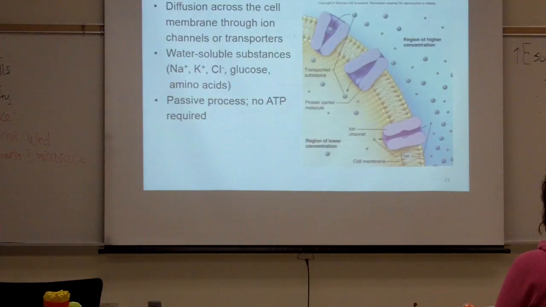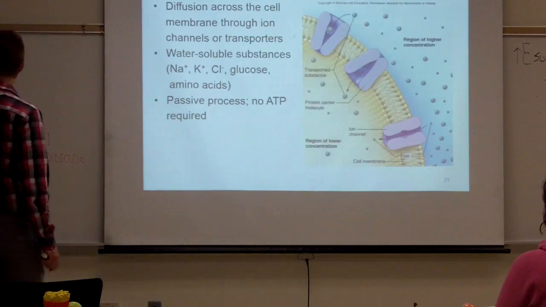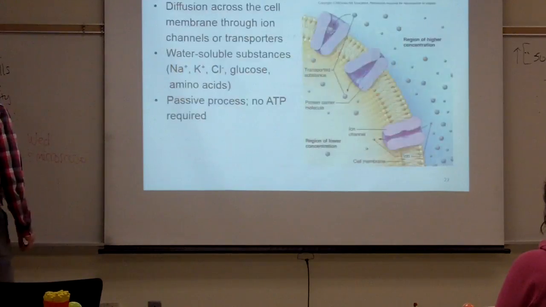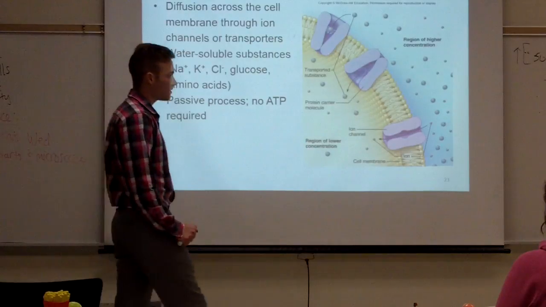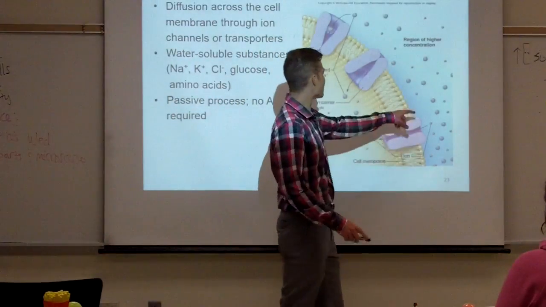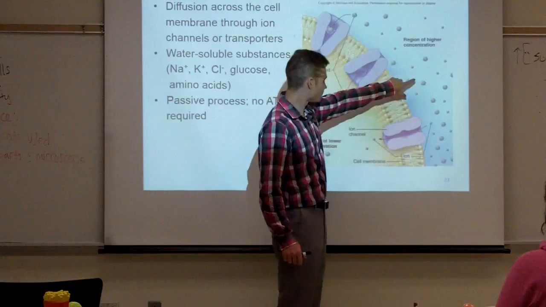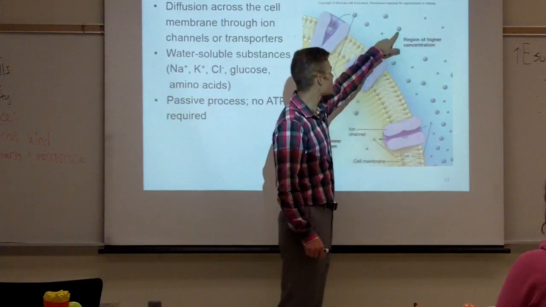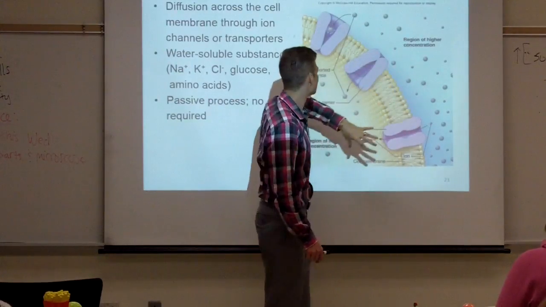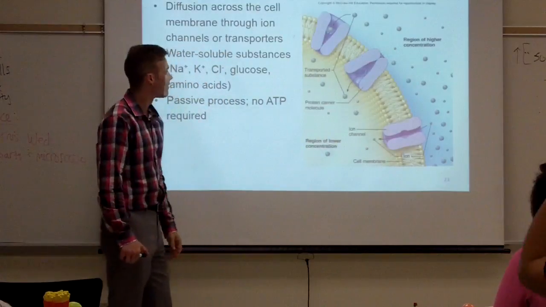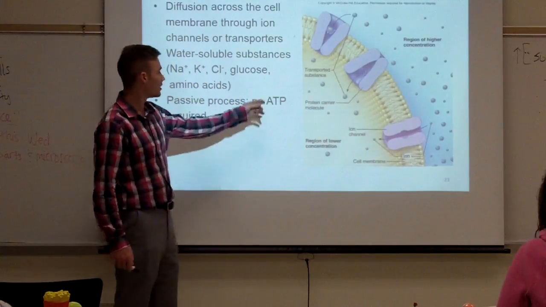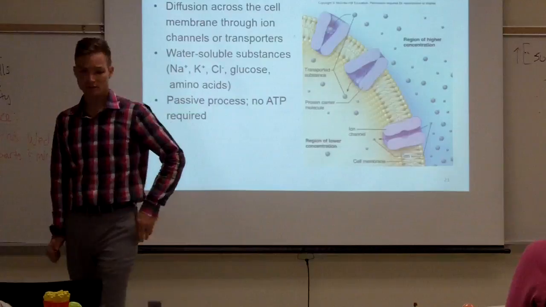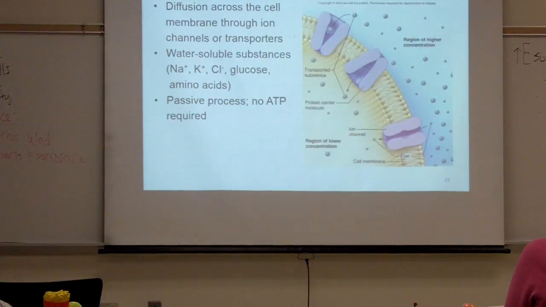The reason we talk about diffusion for a while is because it's important in terms of IVs and whatnot. Facilitated diffusion is the same concept. These molecules are at a high concentration outside the cell first, than they are inside the cell. Those molecules are representing glucose, the red ones.